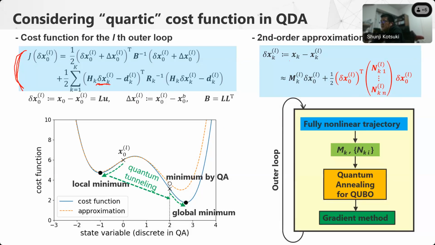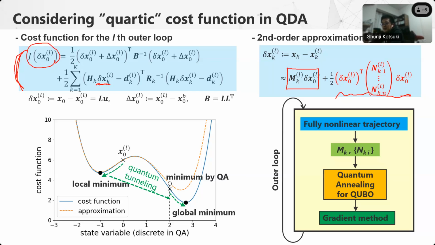Usually 4D-Var considers only the first order approximation of this analysis increment, but we can think about the second order approximation of the Taylor expansion. In this case, we can consider the second term of the Taylor expansion. Then the cost function becomes chaotic with respect to the analysis increment.